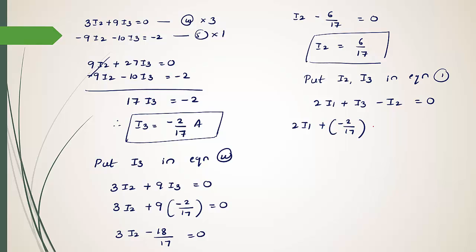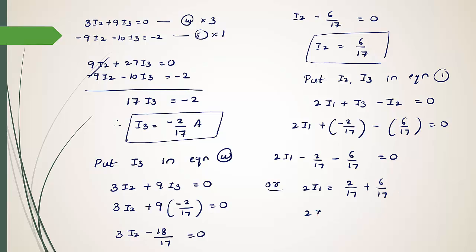Minus 2 by 17 minus I2, 6 by 17, is equal to 0, or 2I1 minus 2 by 17 minus 6 by 17 equal to 0, or we can write 2I1 equal to, we can take these two terms to the RHS, it will become 2 by 17 plus 6 by 17. 2I1 equal to, let us take LCM as 17, 6 plus 2 will be 8, or I1 equal to 8 divided by 17 into 2. 17 into 2 will be how much? 34. Sorry, 8 divided by 34, that gives 4 by 17.